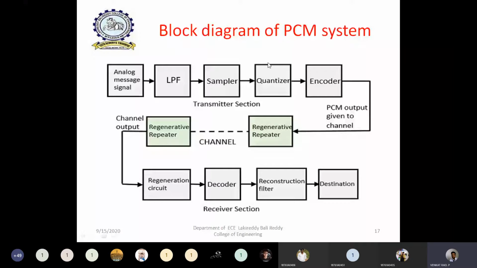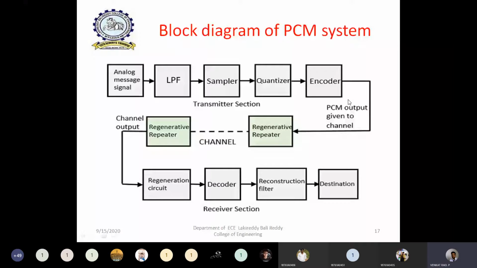Then it is applied to a quantizer. The quantizer will approximate each sample value to the nearest quantization level, and after that the encoder will encode these levels into some group of bits. We will see this process of converting analog signal to digital signal in this experiment, and also the receiver section.